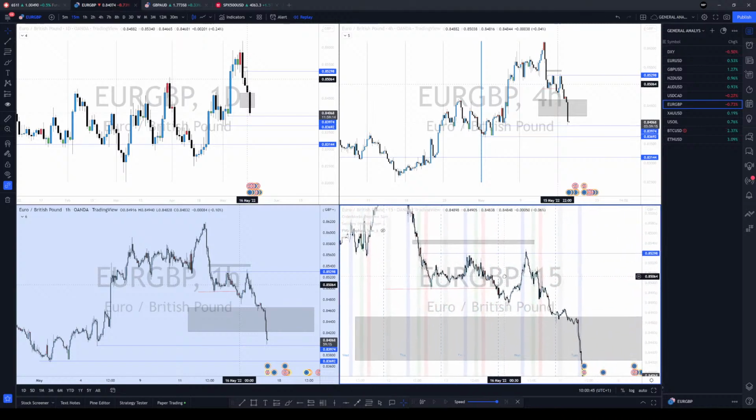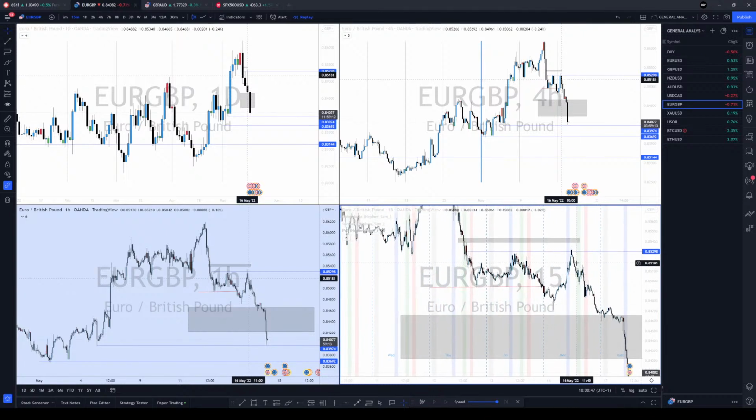Okay, so that's the rally due to the rejection of previous. Yeah, this one, yes, this one I actually anticipated that yesterday, so I saw short on this one.